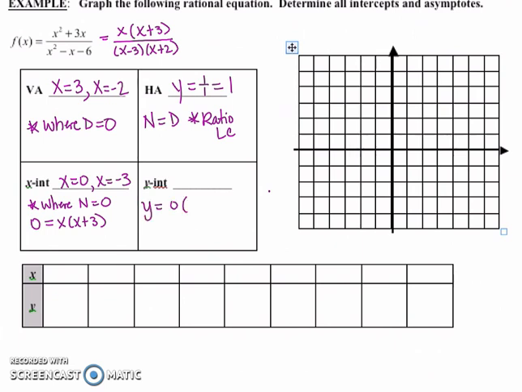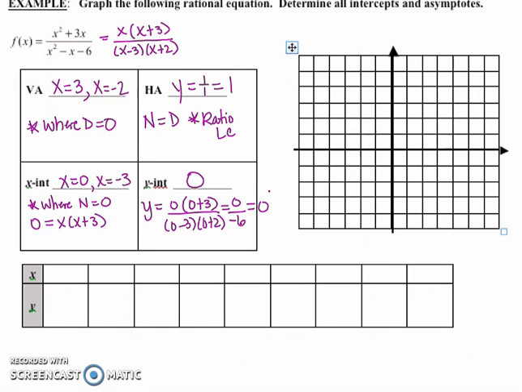So I get 0 times 0 plus 3 over 0 minus 3 and 0 plus 2. In the numerator, I have 0. In the denominator, I have negative 6, which ends up being 0. And obviously, since I have an x-intercept at 0, I have to have a y-intercept at 0. That's the point 0, 0.